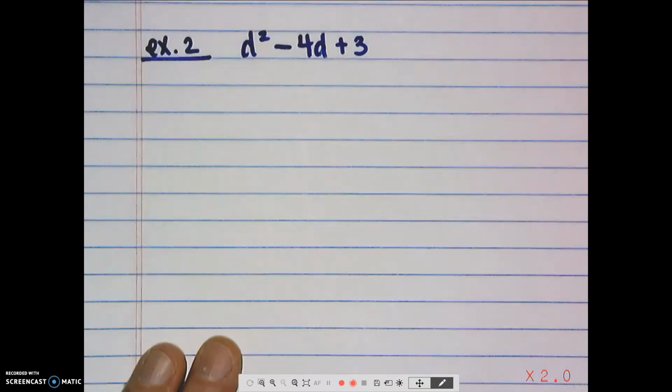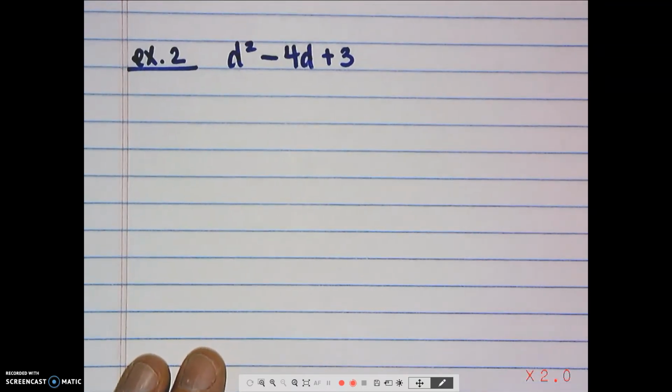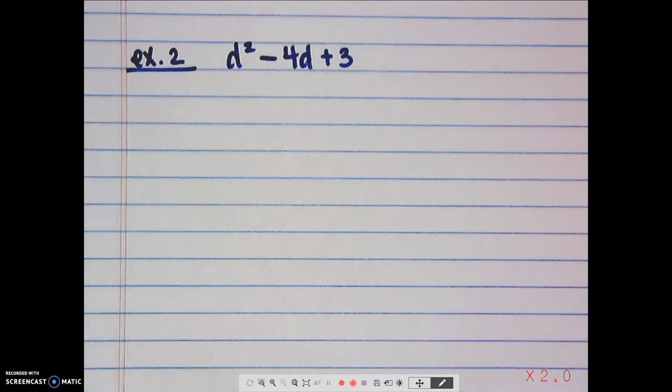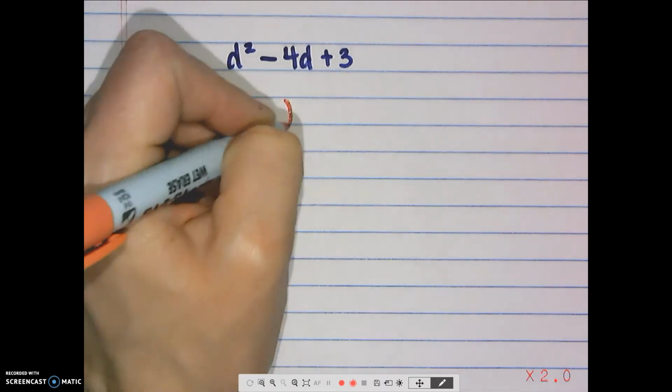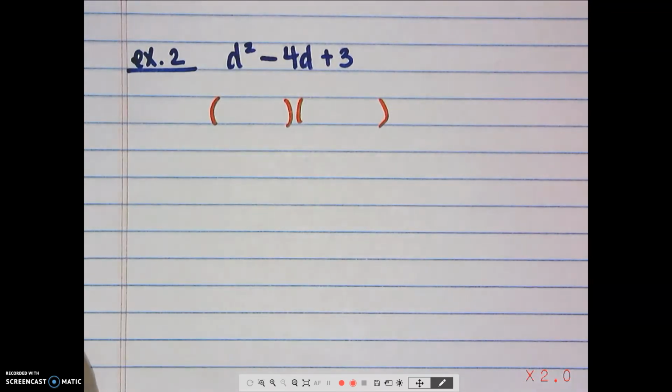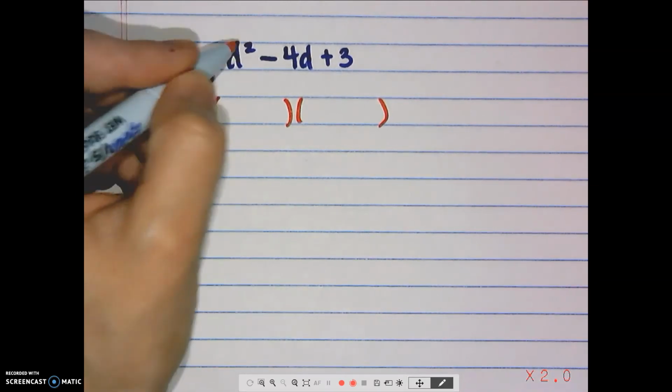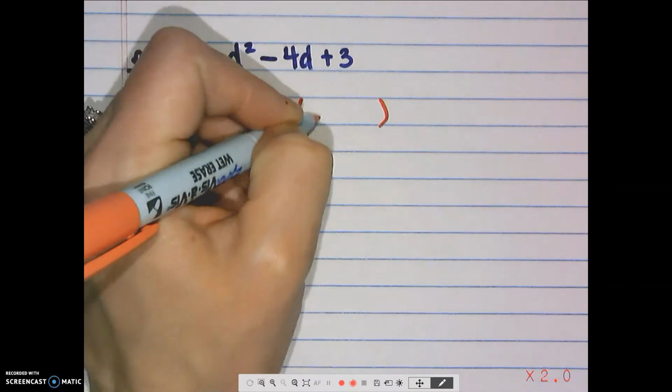So let's take a look at this one. We have d squared minus 4d plus 3. Since it says to factor and there is no GCF at all, we're going to put our parentheses. To get d squared, we know that we need d and d.